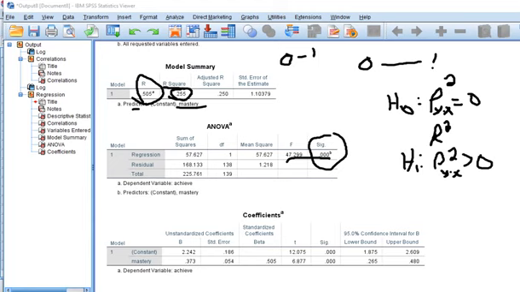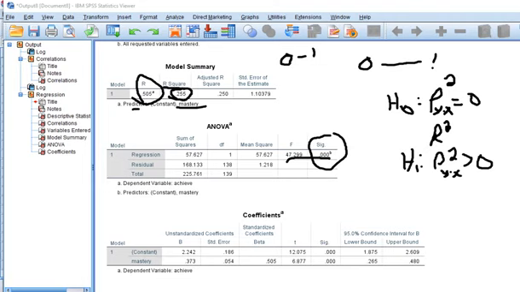It's essentially conveying the magnitude of the relationship in a correlational index. Right now these are a little bit less pertinent because we're working with a simple regression, and they become more relevant when we start looking at multiple regression.